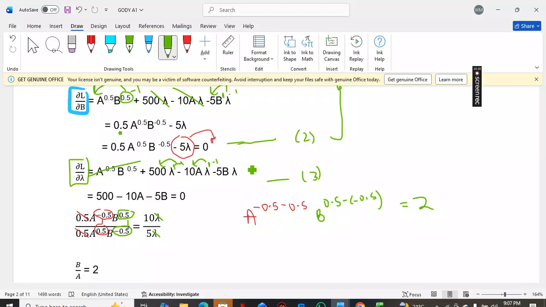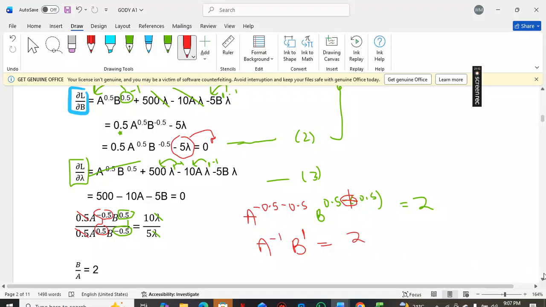Negative 0.5 minus 0.5, you get a to the power negative 1. 0.5 minus negative 0.5, the negative and negative make positive, so it's the same as 0.5 plus 0.5, we have b to the power 1, equals 2.